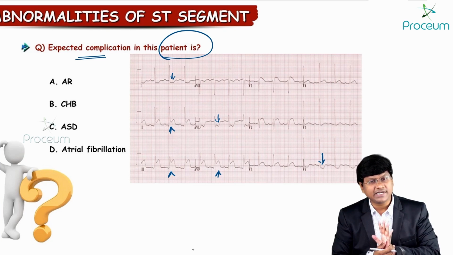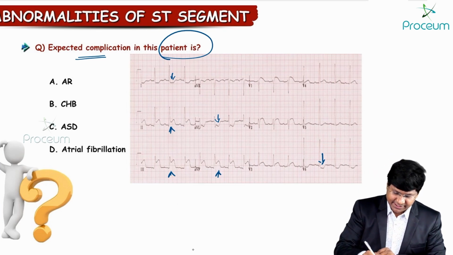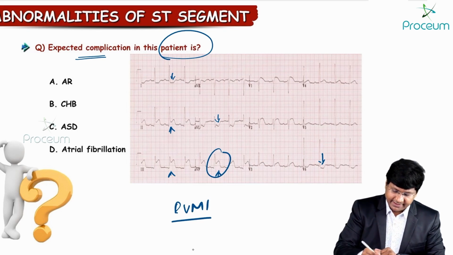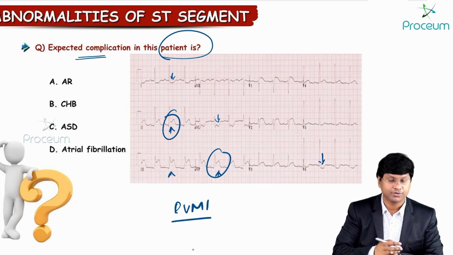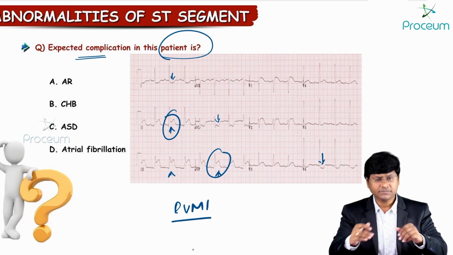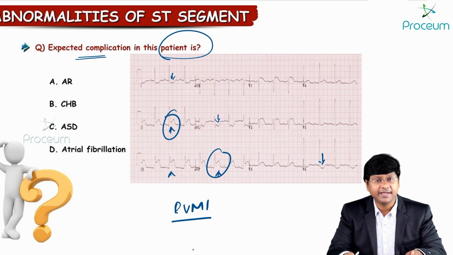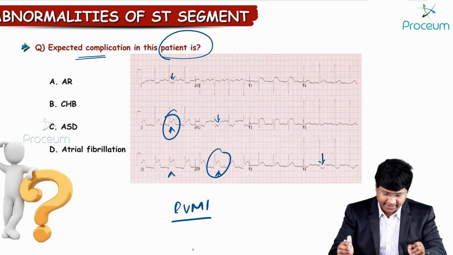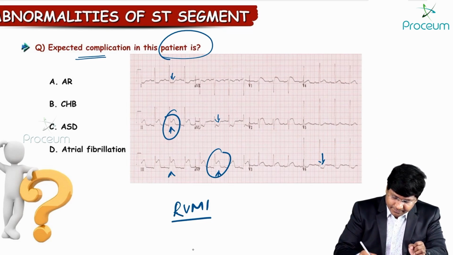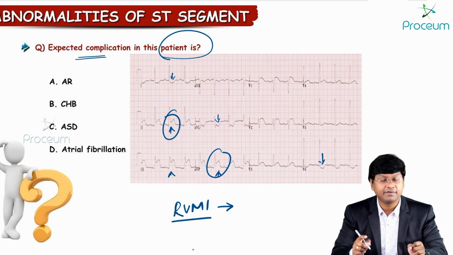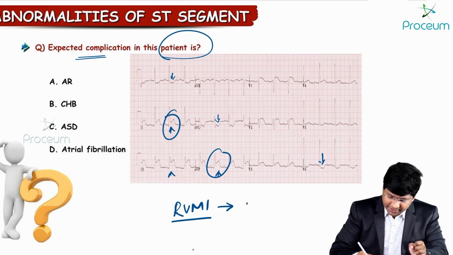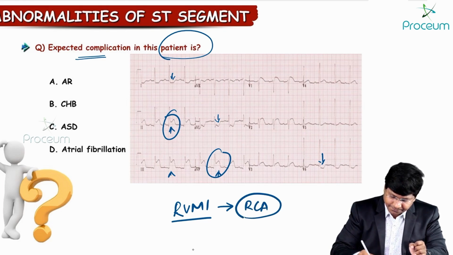Now, what is this ECG of? This is the ECG of your RVMI. Why? Because in lead 3 the ST segment elevation is more compared to that of lead 2. Now, in RVMI, what is the vessel that will be blocked? The vessel that will be blocked is the right coronary artery.